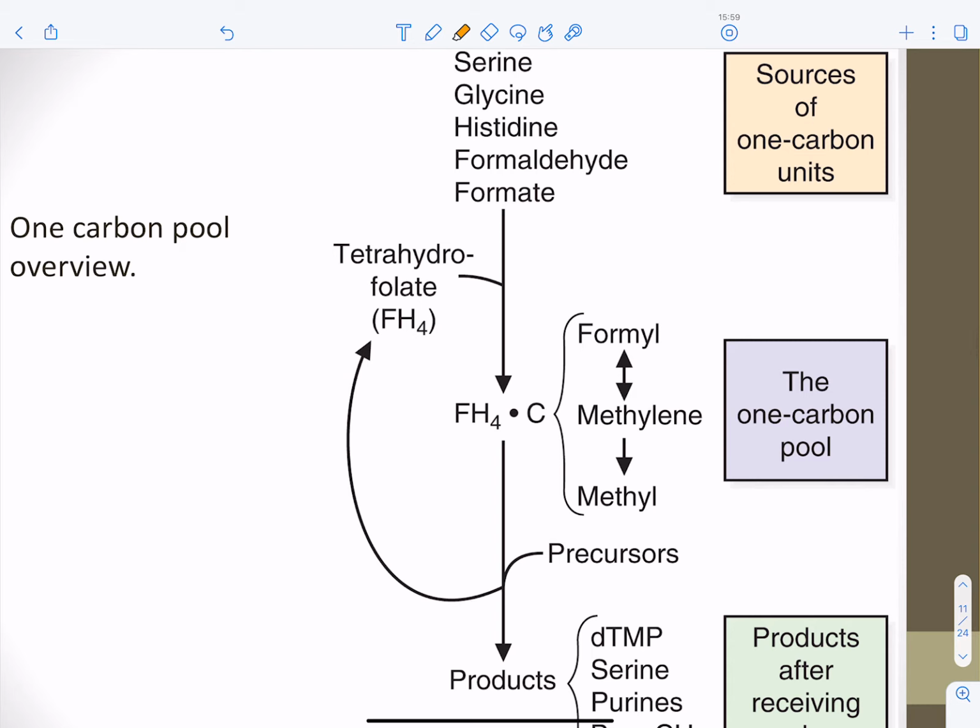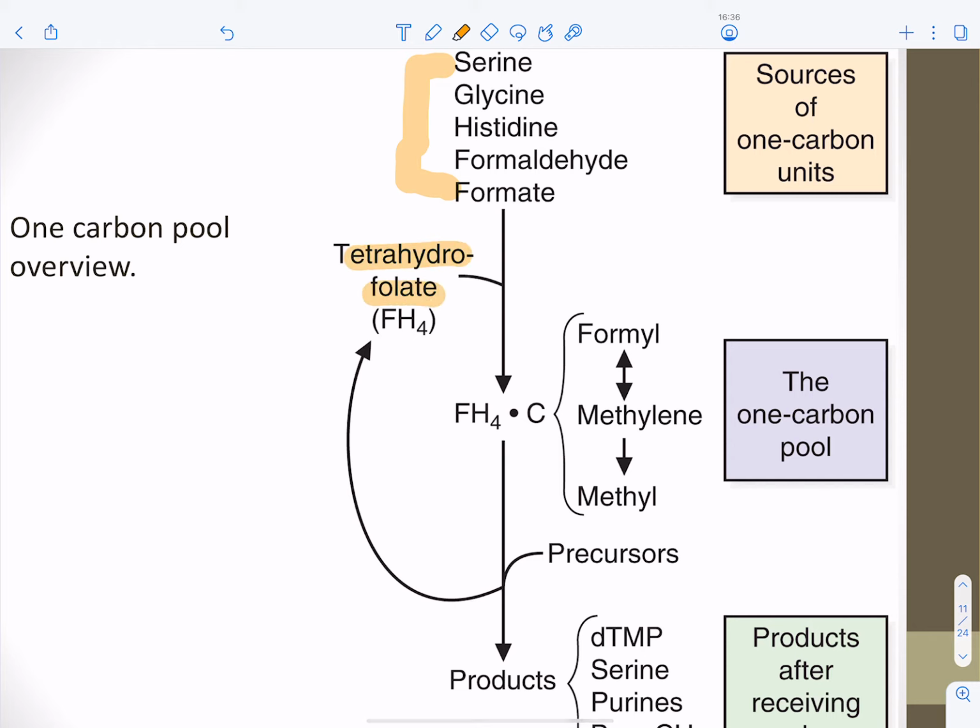Okay, so our one carbon pool overview is just that carbon is transferred by biotin if it's in the form of carbon dioxide or bicarbonate. Other one carbons that are less oxidized are going to be transferred by reactions that involve tetrahydrofolate, vitamin B12, and S-adenosylmethionine, or SAM. And so this is just showing you our carbon donors up here are serine, glycine, histidine, formaldehyde, and formate, and then we have our different forms of tetrahydrofolate that will come from this.